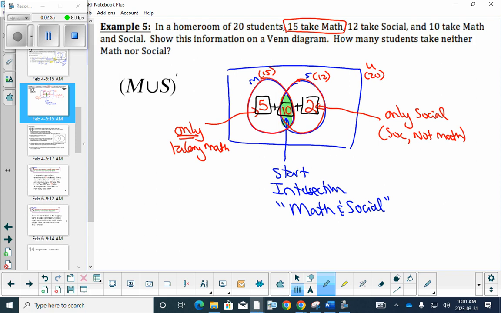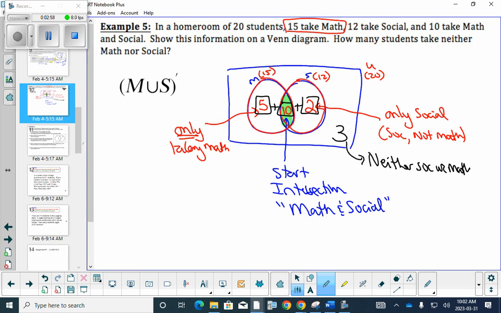The universal set has 20 kids in it, so this means there's 3 kids who are taking neither social or math. Maybe they're taking LA or shop or whatever, but they're not taking social or math. So the question is, how many students take neither? So the answer would be 3.